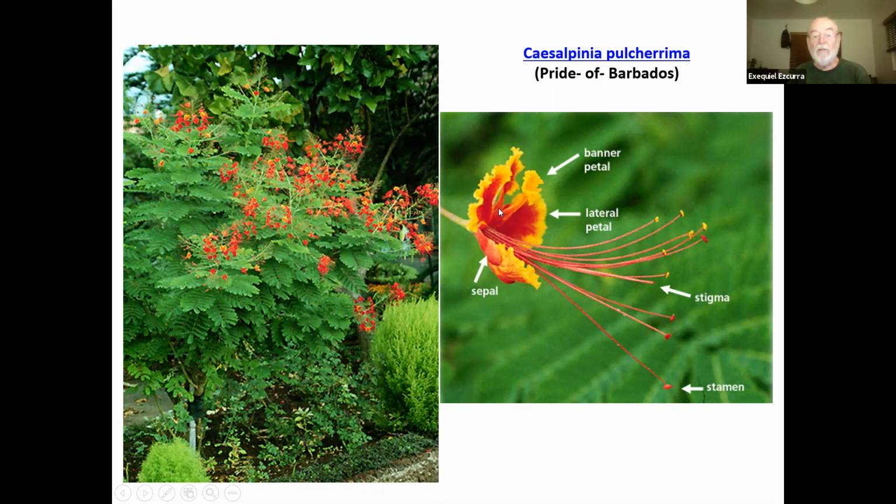The two wings, lateral petals, very large. And then, of course, below here, it has the keel petals that are open. And the sepals are also colorful. And you can see also that in this plant, the 10 stamens are also colorful.